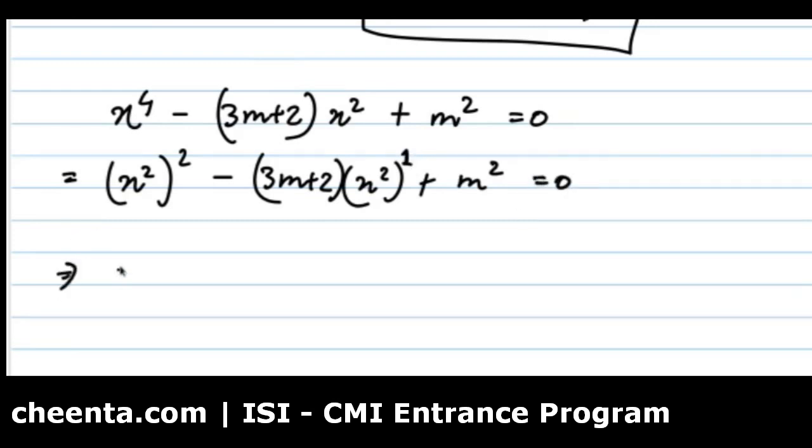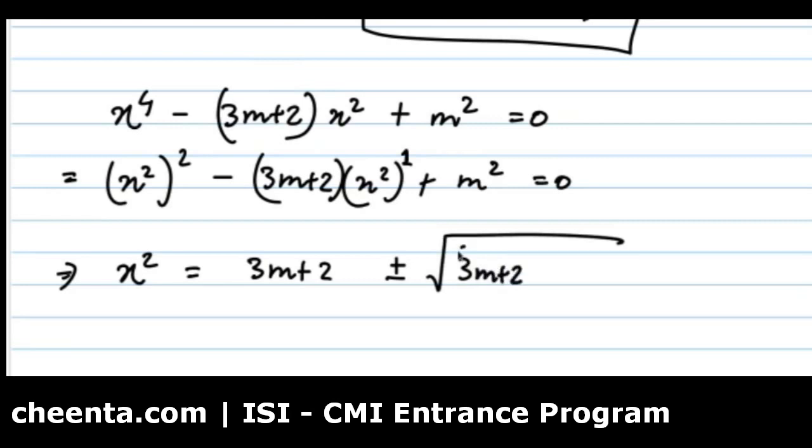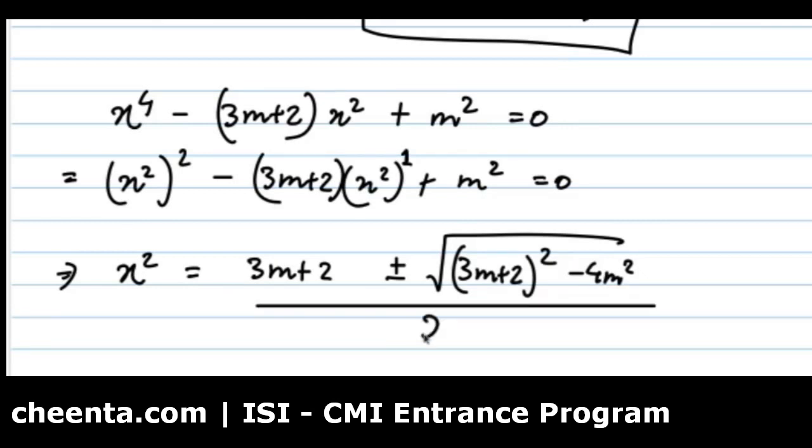So if we take out the roots, we get x squared equals positive negative root under 3m plus 2 squared minus 4m squared, divided by 2. Right.